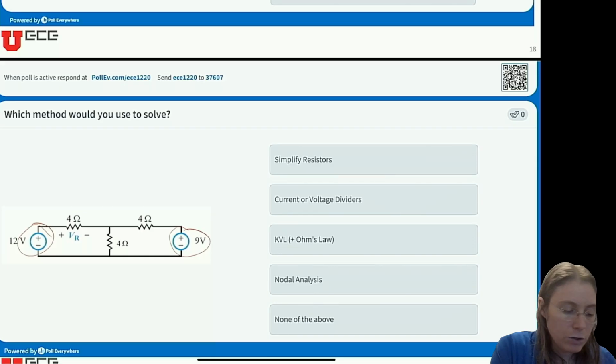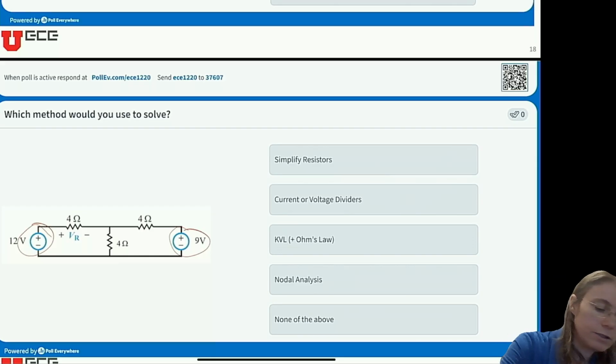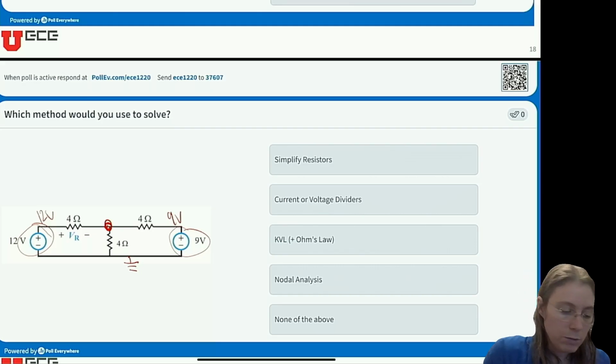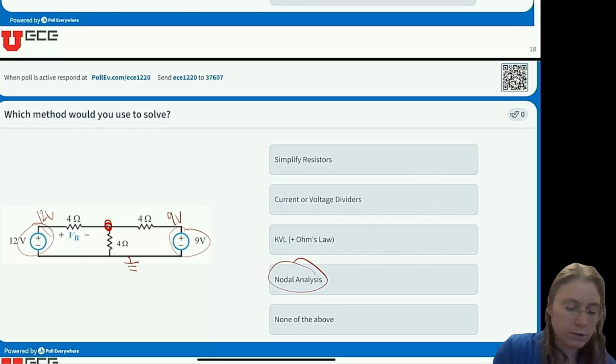And the nice thing about node voltage method is, if I make this ground, this is 9 volts at this node, this is 12 volts at this node, I only have a single unknown nodal voltage. So that's going to be relatively straightforward for me to solve algebraically, and I don't have to solve a whole system of equations. So I would use nodal analysis on this one.